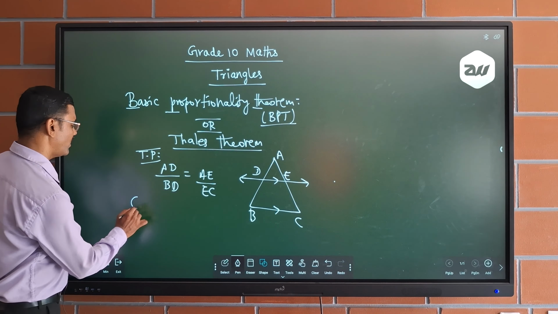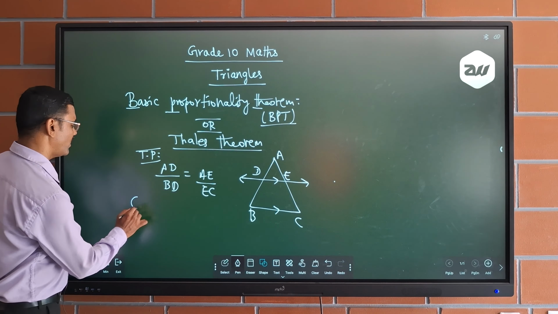Also, I join BE with dotted lines, and as well join CD. Okay, so these are the constructions we need.